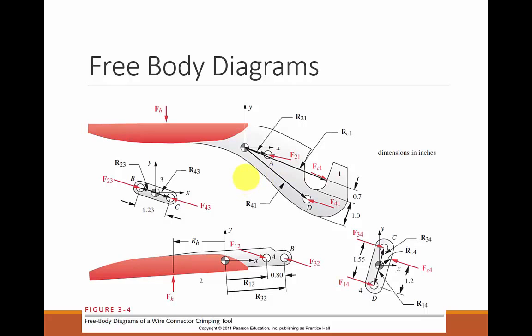Okay, so if we start looking at unknowns, we know F1,C and we know FC,4. Both of those are equal to 2,000 pounds. That's given in the problem. The rest of the forces we don't know, and if you count them up, there are 17 unknowns.